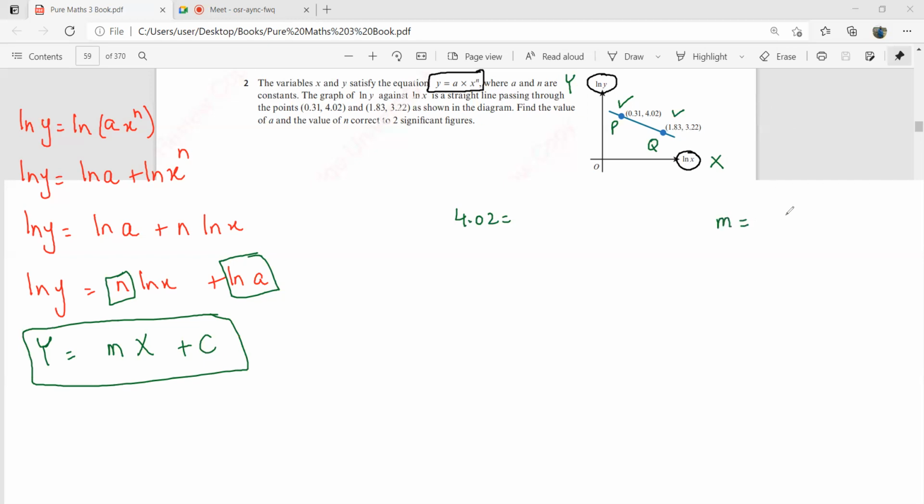Let's use the gradient formula here, y2 minus y1 over x2 minus x1. Please take out your calculators, guys.